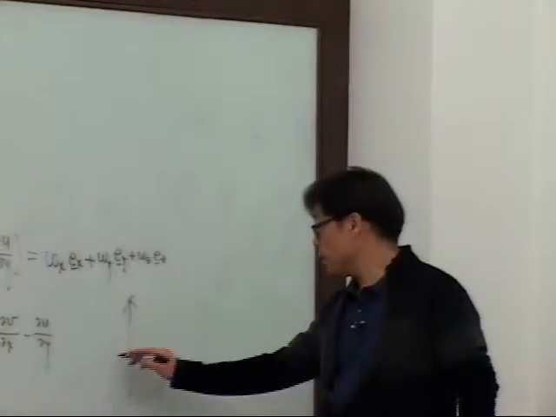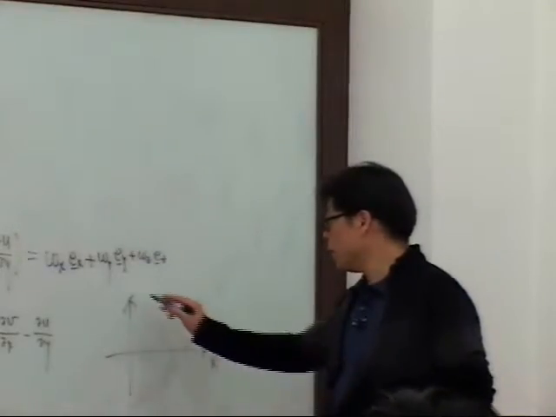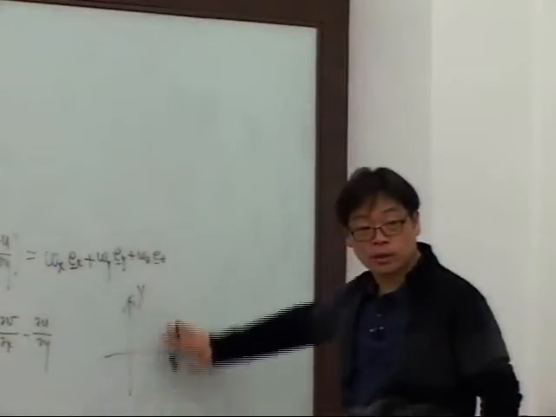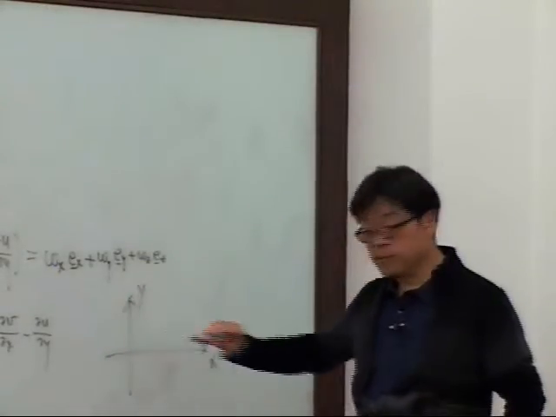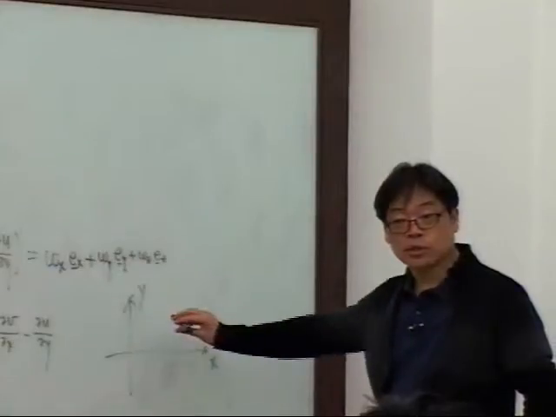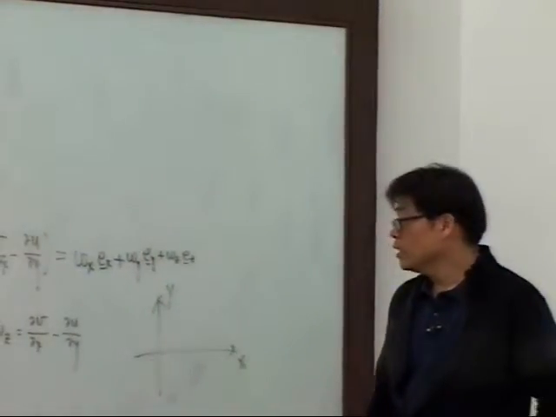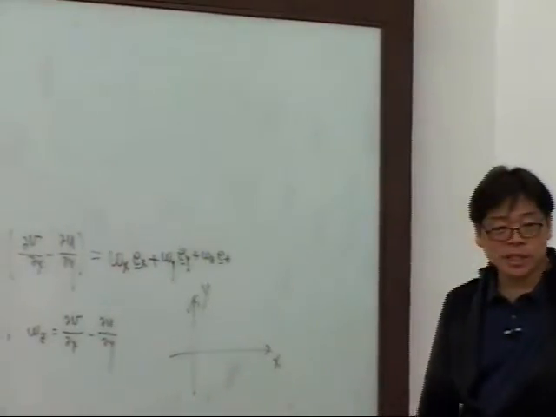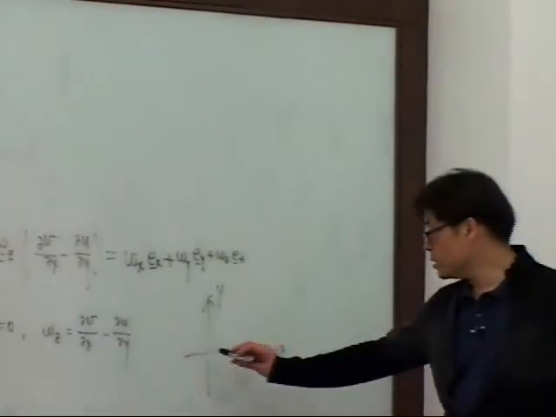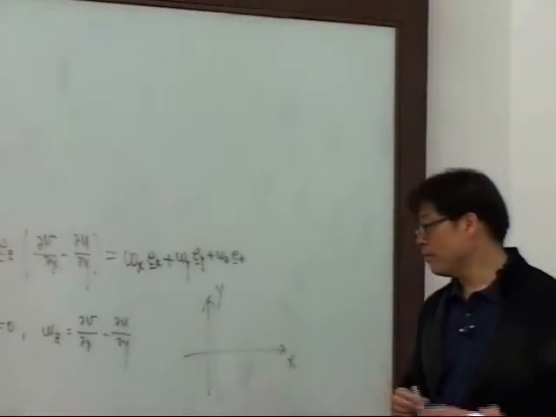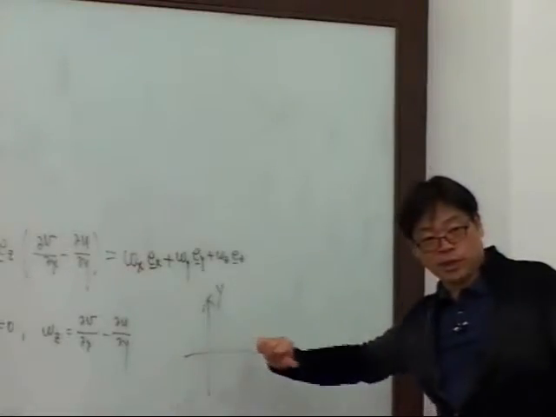So this is x, and this is y. I'm looking at a flow on this plane, on this whiteboard. Nothing moves in this direction. There's no dependence in the z direction. And then I have only a z component, pointing in the z direction.